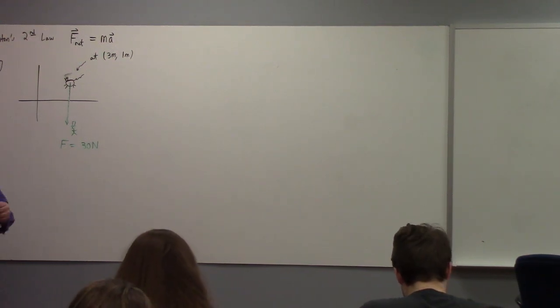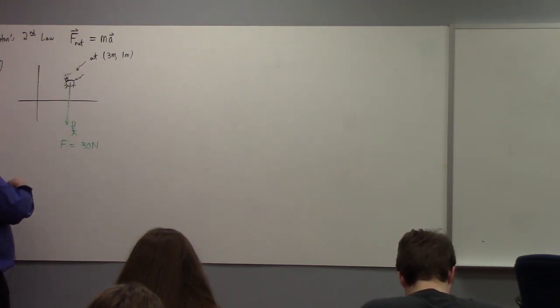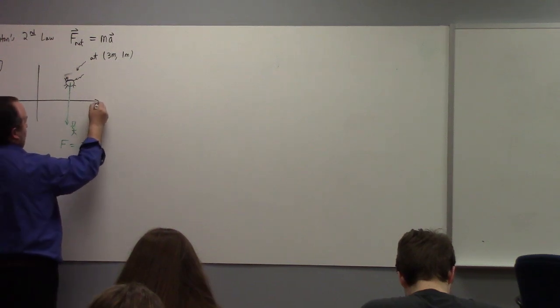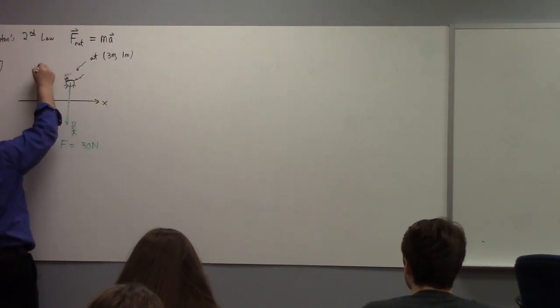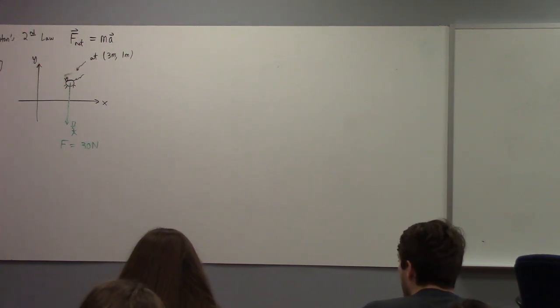This is a top-down view, so this is all the horizontal plane we're looking at. So gravity's not going to come into play here. We're also going to assume there's no friction to think about at the moment. We'll come back to friction after the first test.